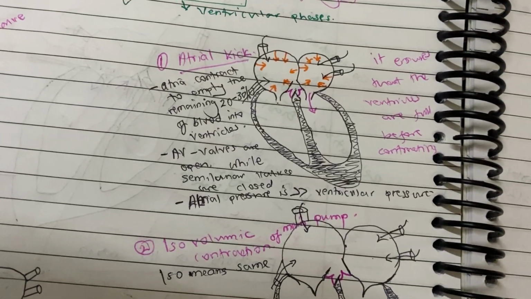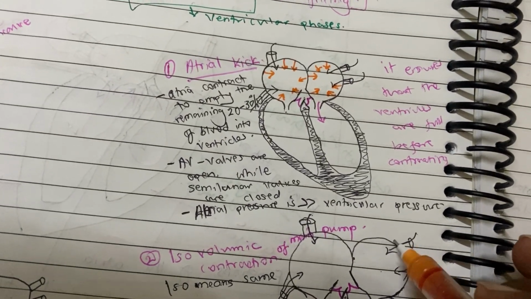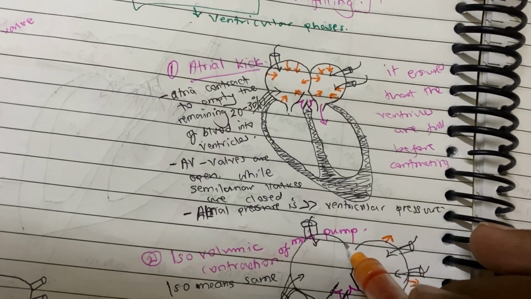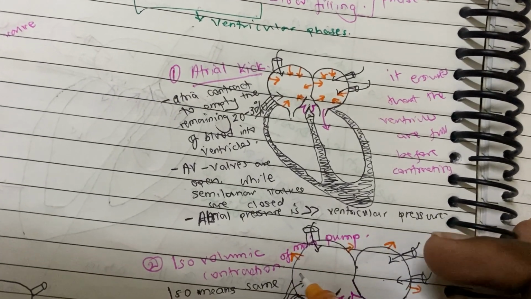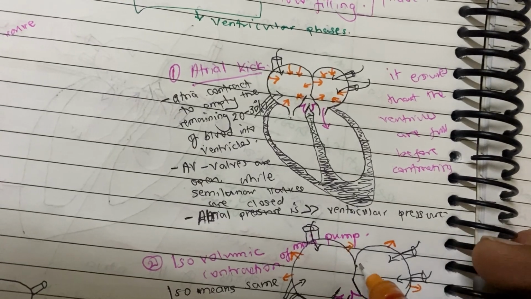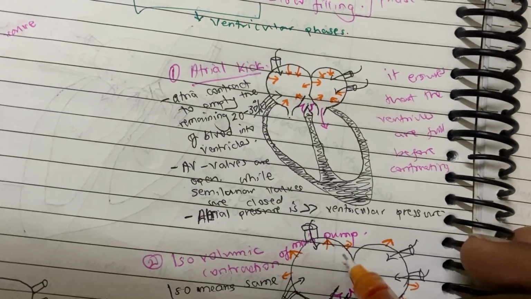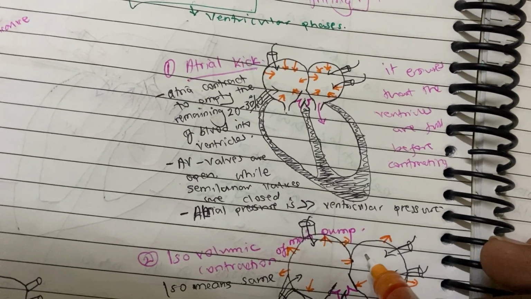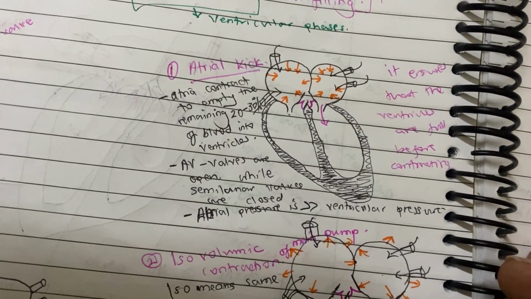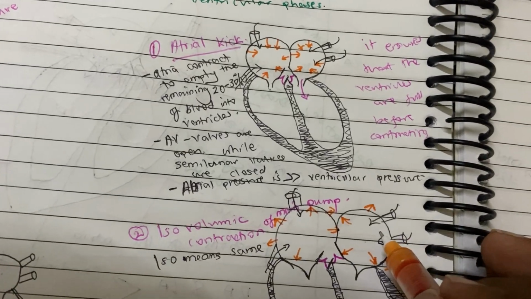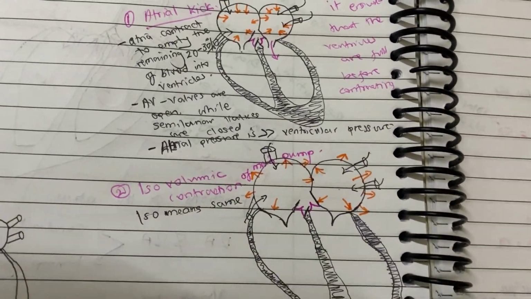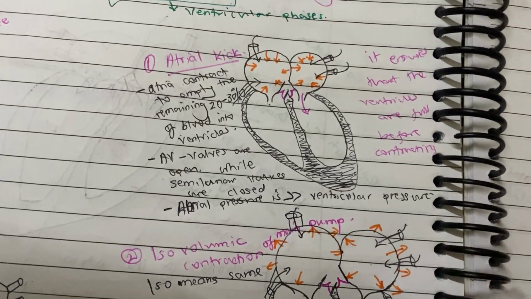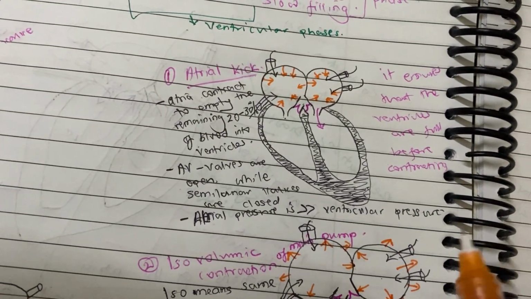The atria are in their diastole. I'm indicating diastole with outwardly pointing arrows. Relaxation or feeding is indicated by outwardly pulling arrows. So blood is continuously flowing into the atria.